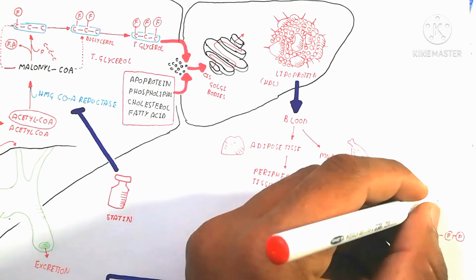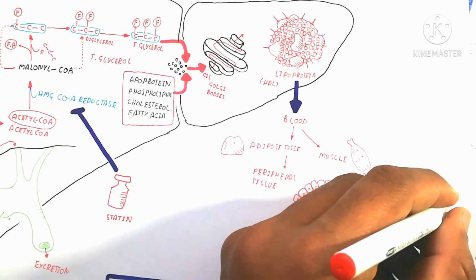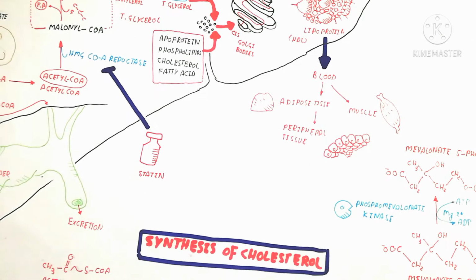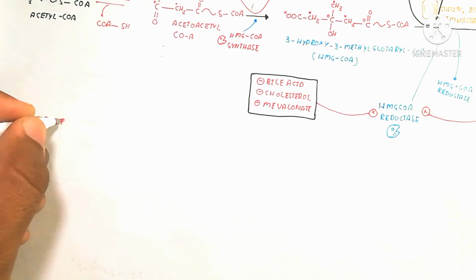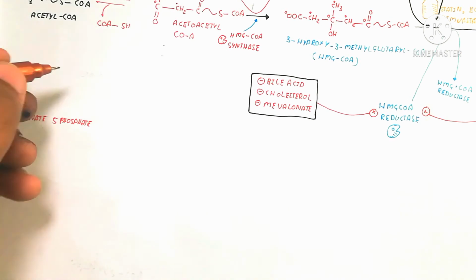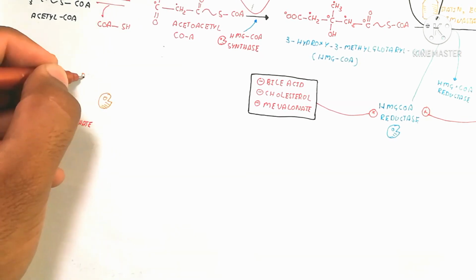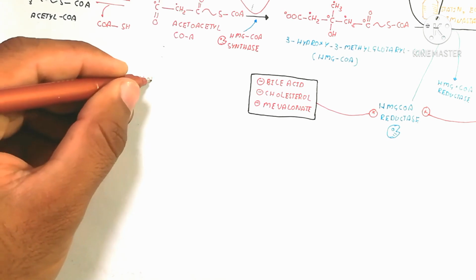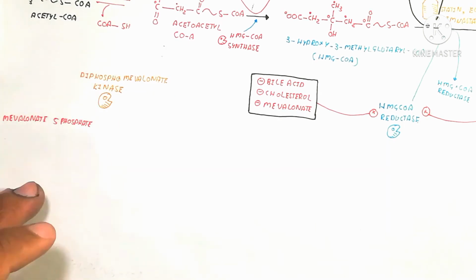So here is the mevalonate 5-phosphate, which is produced by the phosphomevalonate kinase enzyme. So the phosphate group will be added by the ATP, converting to ADP.